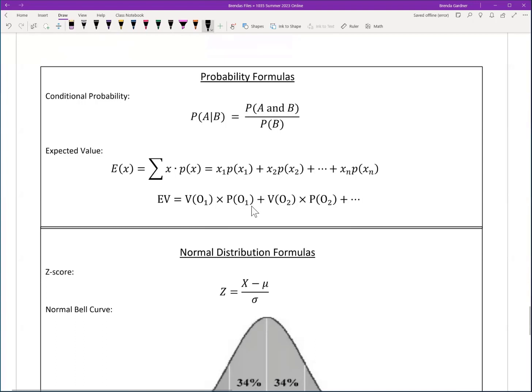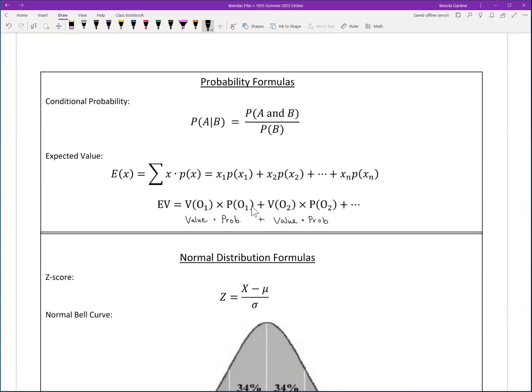It's the value of option 1, or they call it outcome 1, times the probability, plus the value of outcome 2 times the probability. And then however many ways that this can be thought of.